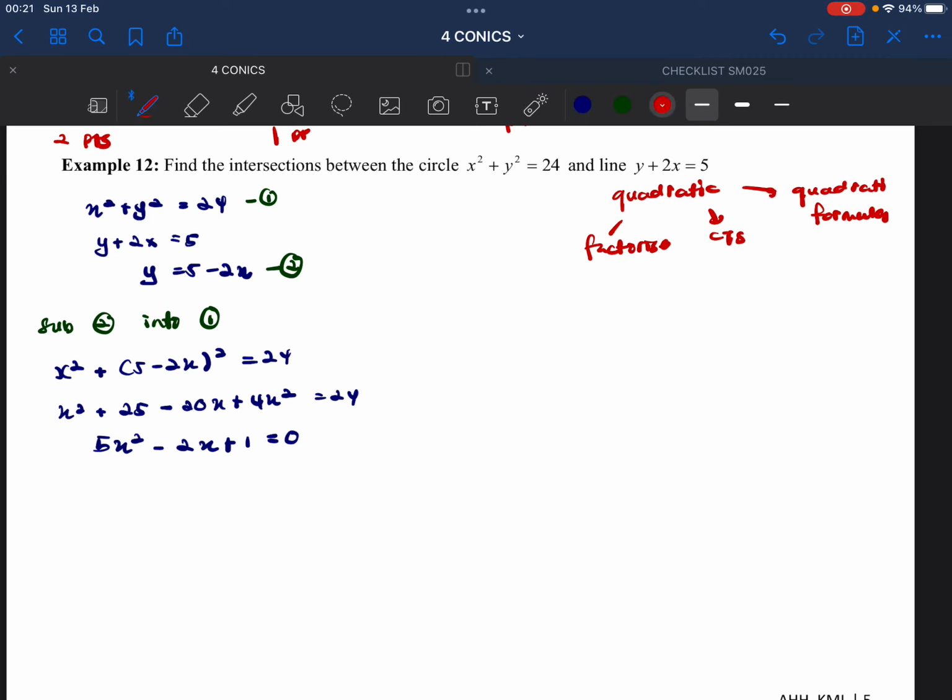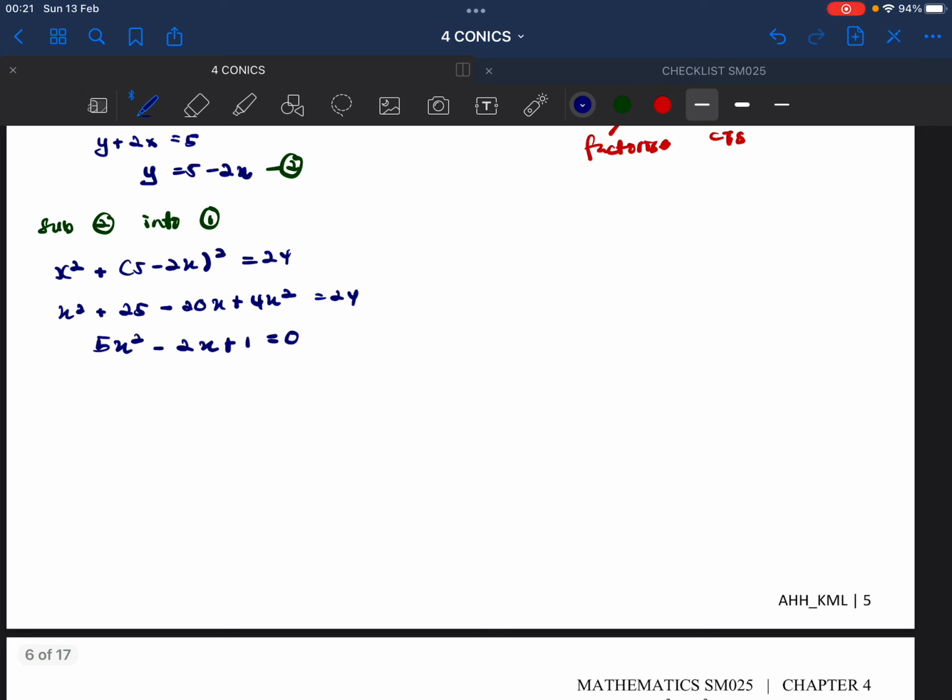So you have to show this part. Here our a is equals to 5, b is negative 20, c is equals to 1. We are going to substitute into the quadratic formula. Remember the formula is negative b plus minus square root of b square minus 4ac, over 2a.